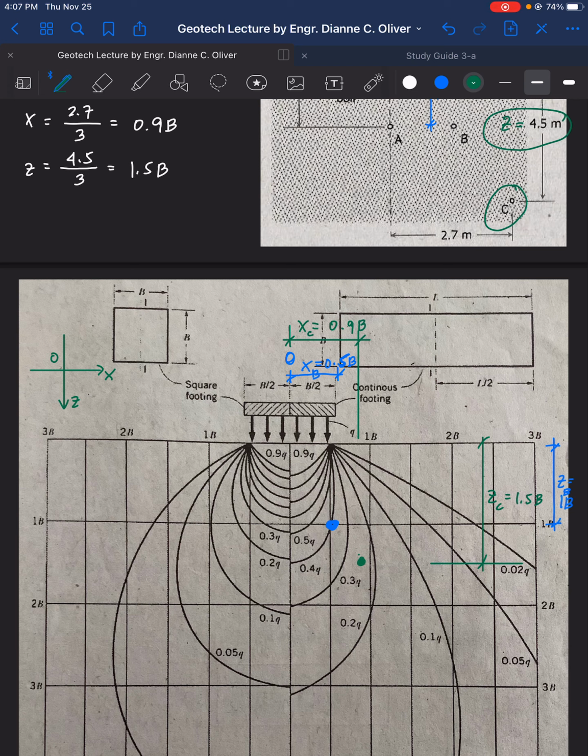Okay, so there you go. And it does not hit any of the curves.